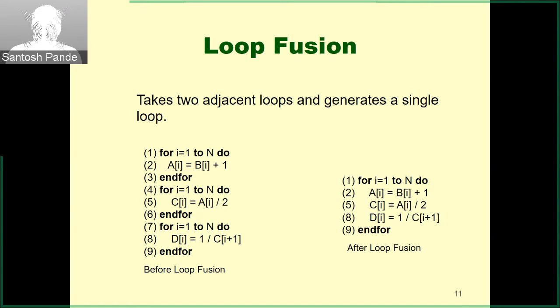You can see that A[i], which is generated in the first loop, is consumed. All of the A[i]s are generated in the first loop nest. On the left side, they're all consumed in the second loop nest. That's a forward dependence, which is a flow dependence. Now that is preserved by the fused loop.